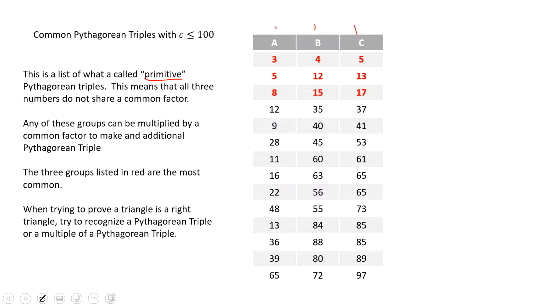If we go down and look at the almost last one here, the 36, 88, 85 triangle, which actually looks like it's in the wrong order, we're going to forget that one because it shouldn't be on there. I'm sorry about that. We do not want to recognize that as a Pythagorean triple.